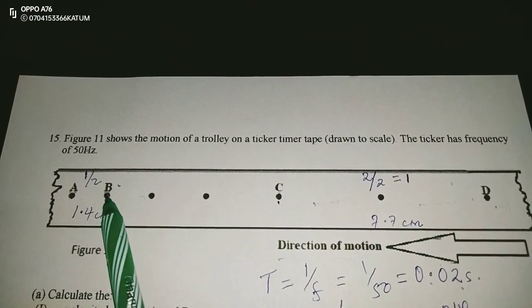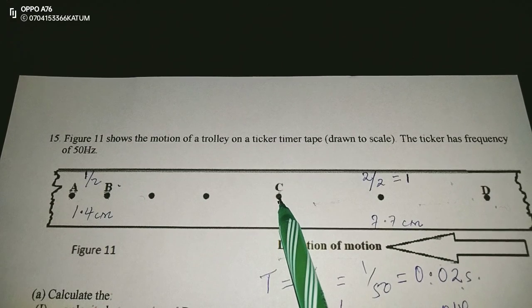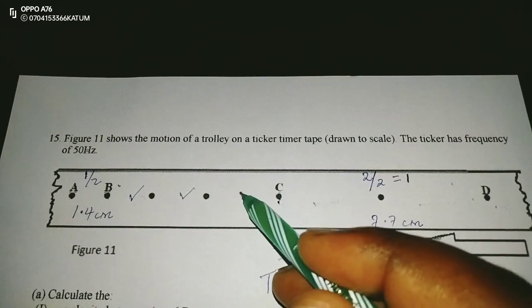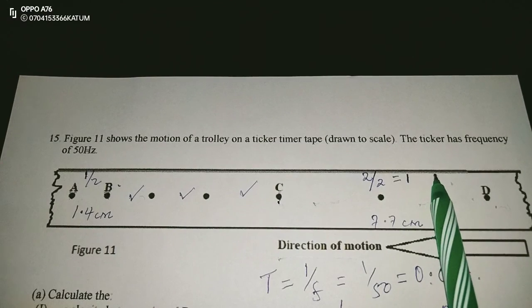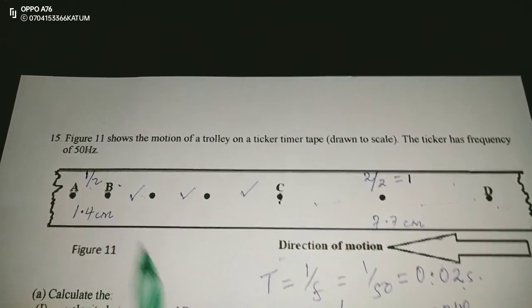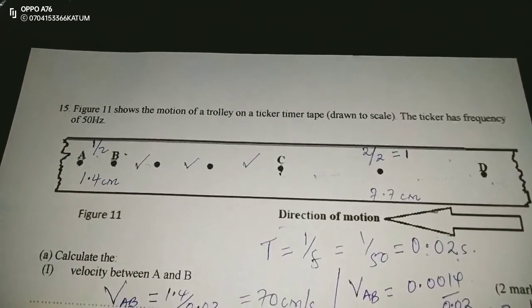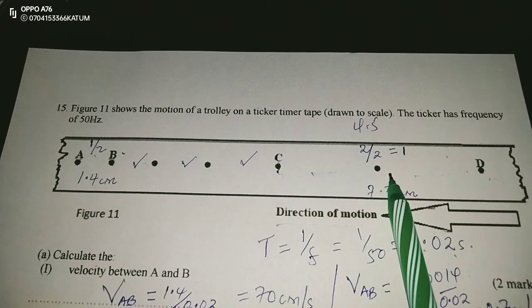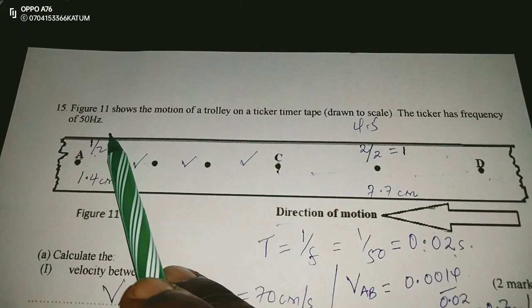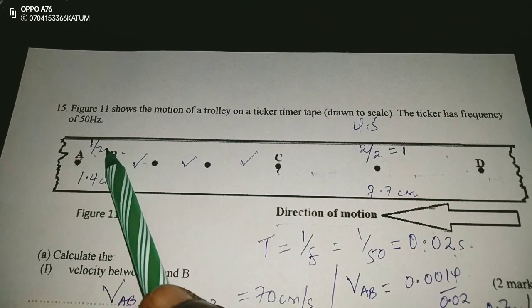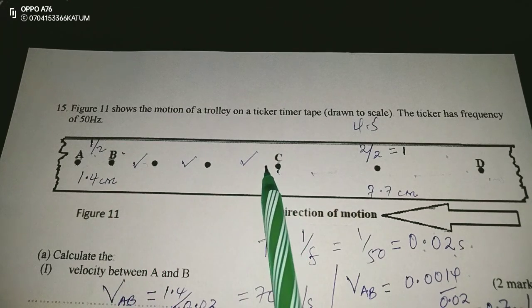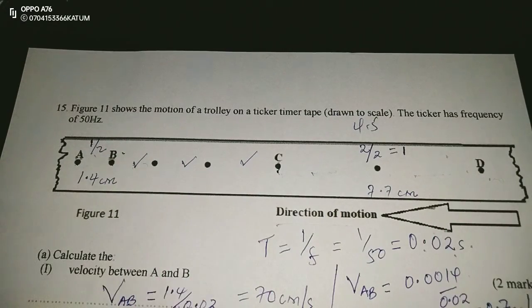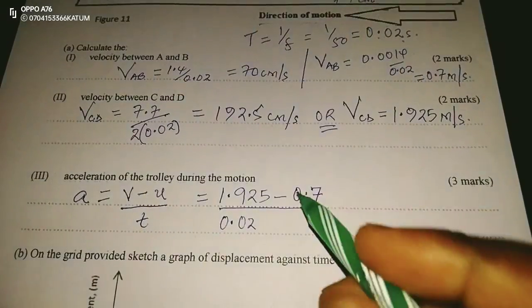Then the intervals between B and C are counted as they are: 1, 2, 3. Then we add the 1 and the half, which gives 4.5 intervals in total.